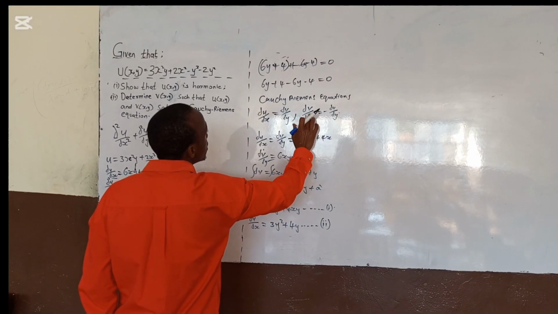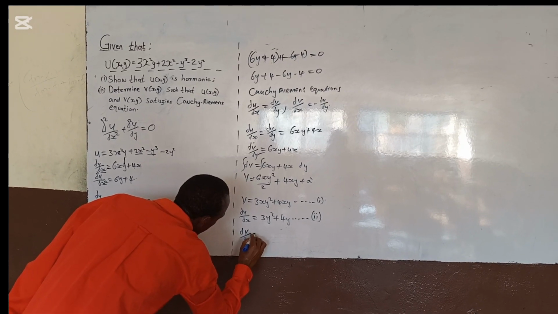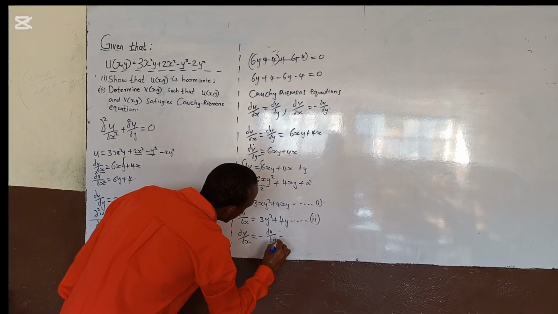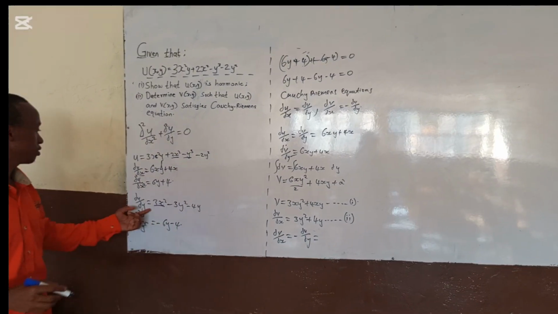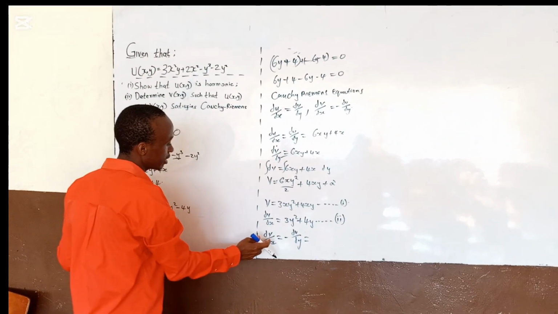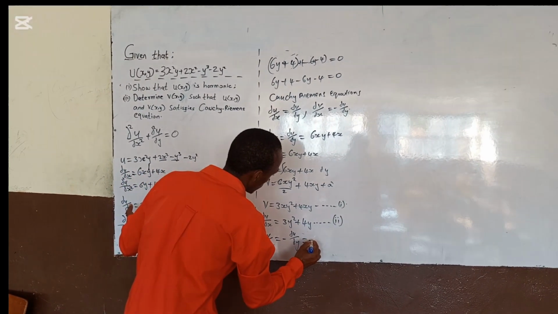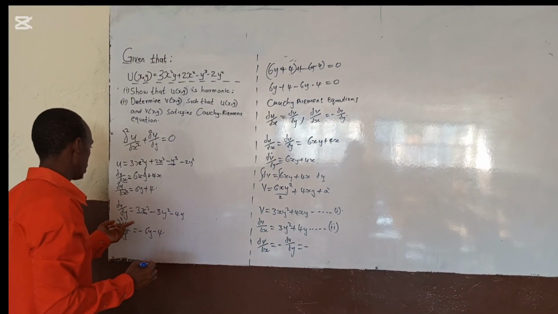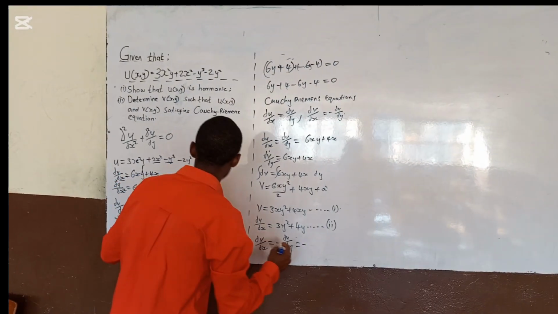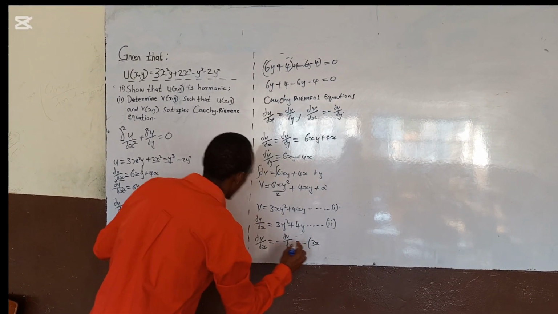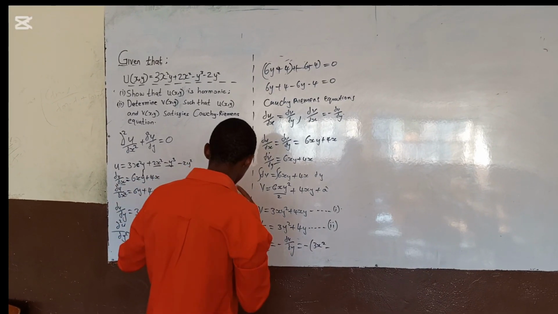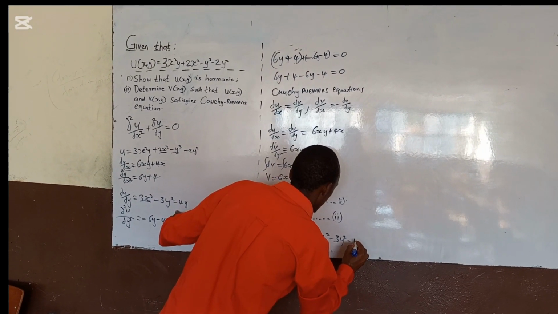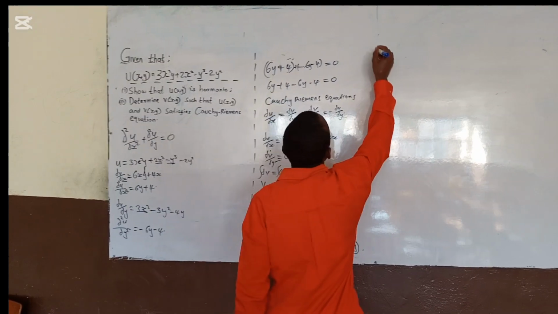Again, dv/dx is equal to negative du/dy. For du/dy, which is 3x squared minus 3y squared minus 4y, we multiply by negative to get dv/dx.